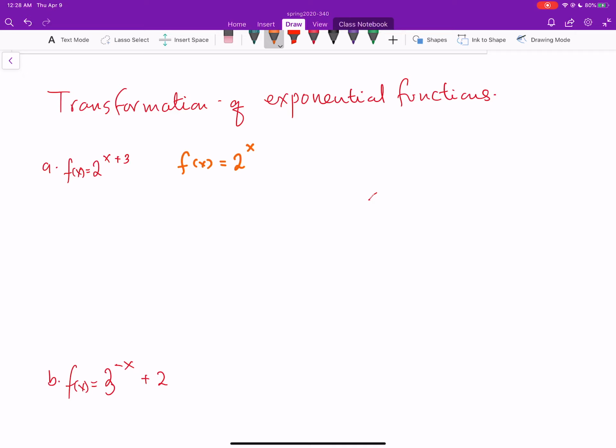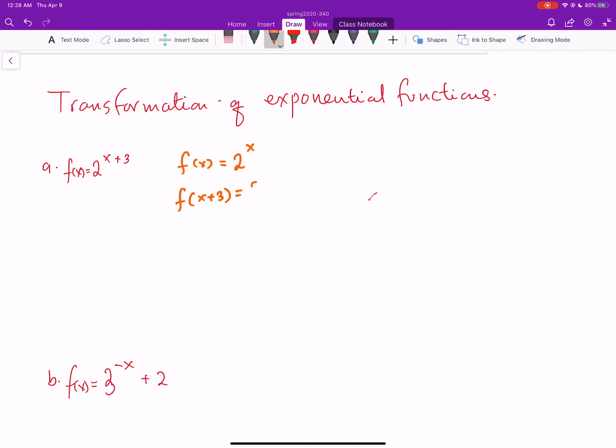If you cast your mind back, anytime we did something like this, x plus 3, that was a horizontal movement. So you're moving the graph of 2 raised to the x to the left 3 places.